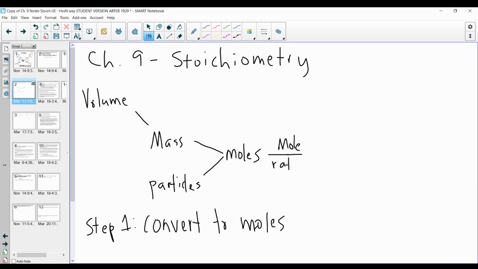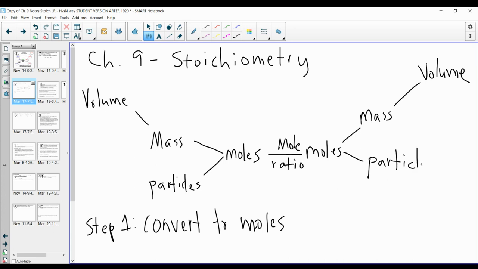And that mole ratio is going to be a little different than it was before, as it's going to come from the balanced chemical equation. So you may end up having to balance an equation in order to find that middle step. That will take you out into moles, to which we could then go to mass and then volume, or it might take you to particles, just depending on what the question is asking.